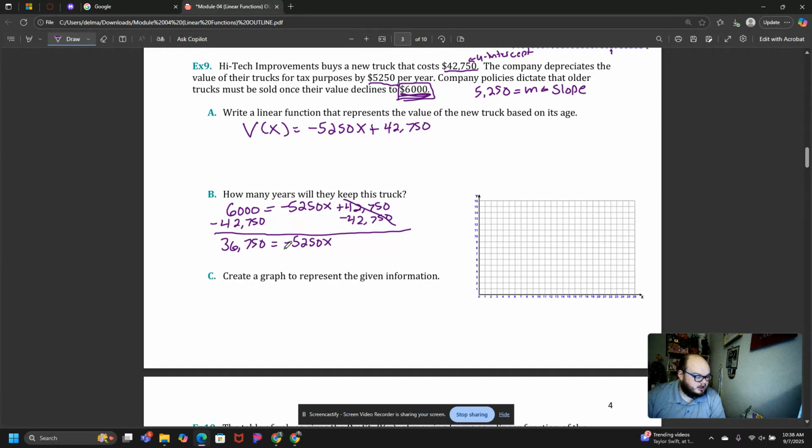Again, I'm trying to get to X, so what do I have to do next? I have to divide 5,250 from that. And this should be negative because it was larger. Okay, and then I'm going to get X is equal to 7. So 7 years is how long they'll get to keep the car.